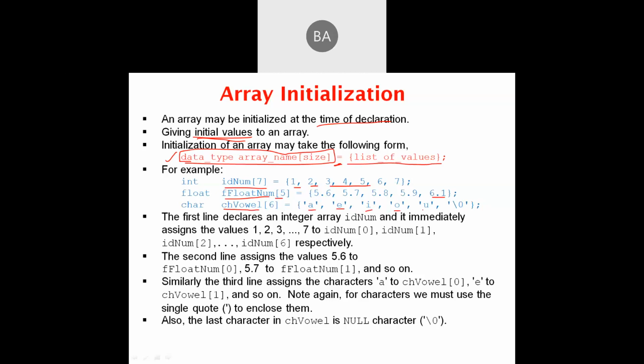There are 5 characters, but we take one extra character, a backslash 0, which is called the null character. That null character has to be separately initialized whenever we take character arrays. So this is character by character initialization. Every character array has to be terminated with the null character, which is the backslash 0.